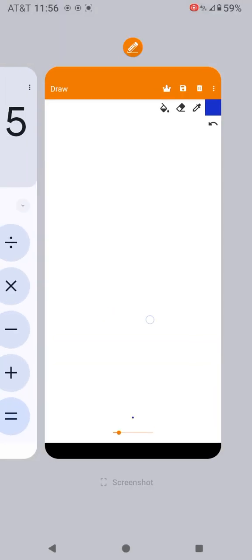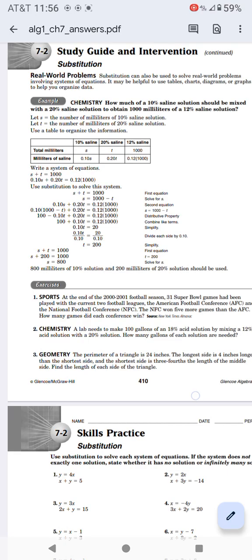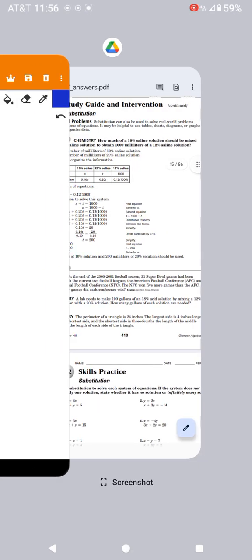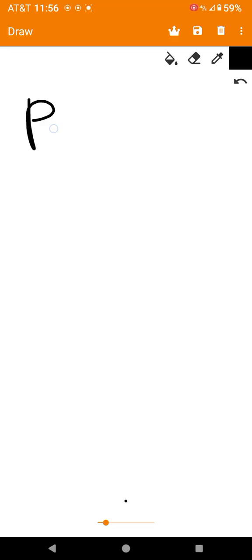All right, the last one. This one is going to be one of the more simpler ones as well. So it's just the perimeter of a triangle is 24 inches. So we can write that. So perimeter equals 24.